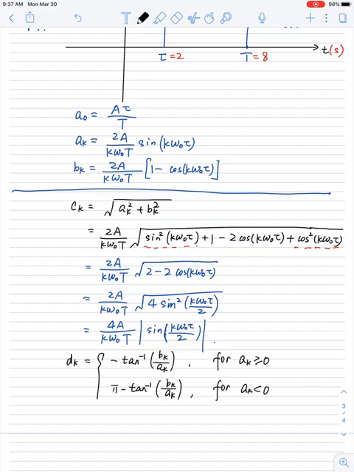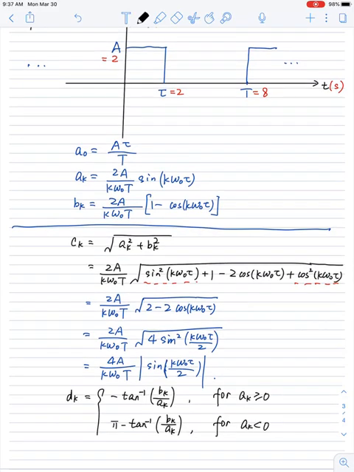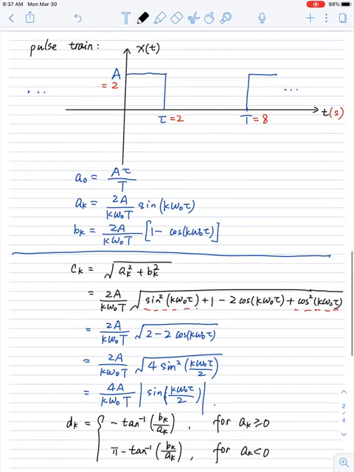Now, if we substitute the values of the signal coefficient, A equal to 2, tau equal to 2, and capital T equal to 8, we can obtain a simulation figure for the amplitude and phase representation of the pulse train.